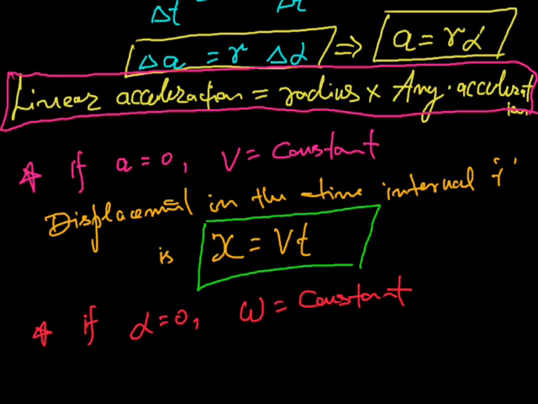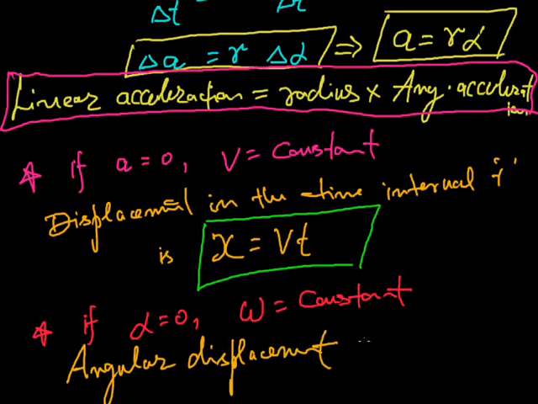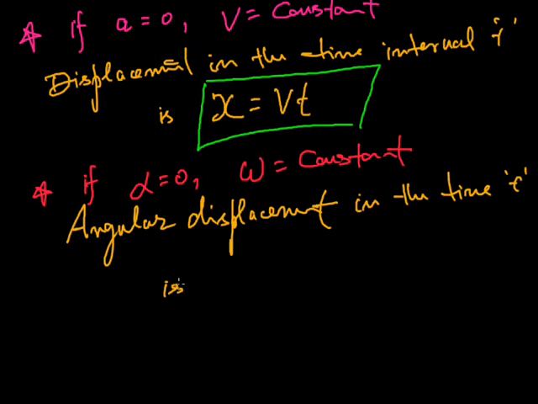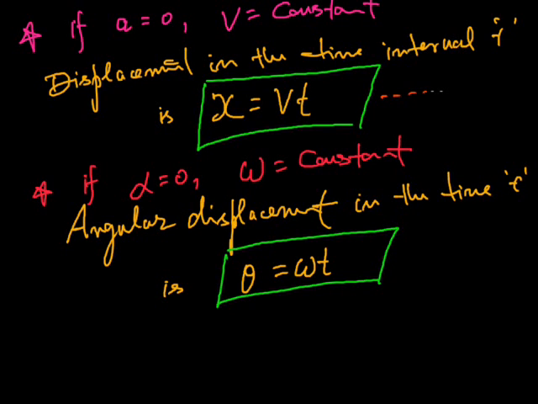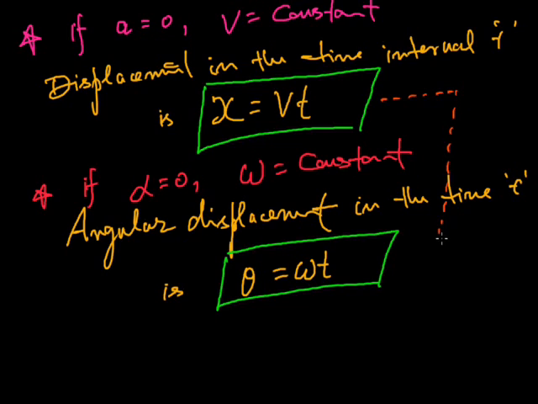Then angular displacement in the time interval t is theta equal to omega t. हम दोनों को एक ही तरीके से समझ सकते हैं.